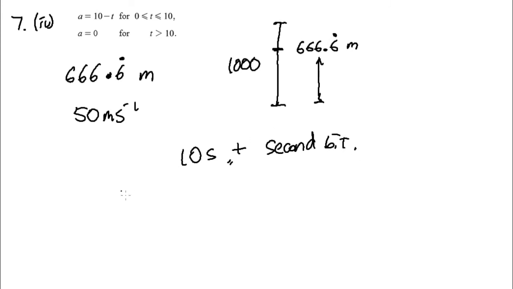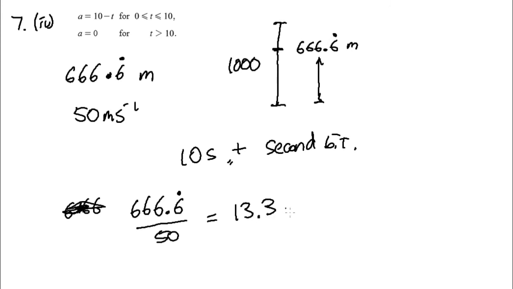The second bit is just the remaining distance, 666.6 recurring, divided by the velocity, and this is a constant velocity, so it works. That gives us 13.3 seconds, and therefore the total time taken to drop from the top to the ground is 23.3 seconds.